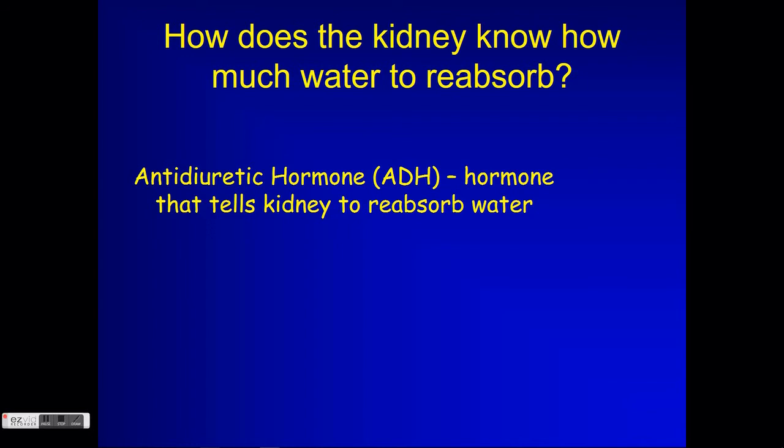At that point, you don't want to pee out a lot of water. And so your body would be releasing a lot of this ADH to be able to tell the kidneys to reabsorb as much water as you can. On the other hand, if you've been consuming large amounts of water, your body would not produce much ADH at all, allowing the body to pee out all that water that you've been consuming, if you need to.